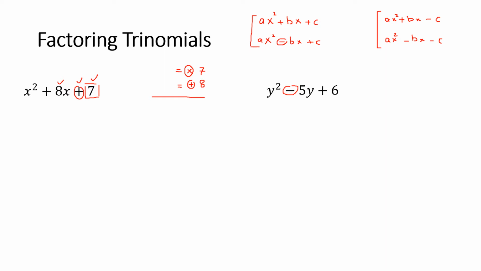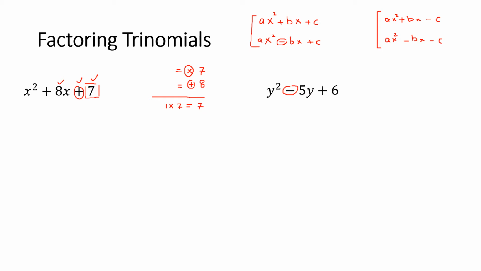So for that we do what? We actually factorize 7. So 1 7s are 7. Okay, there is no more division possible for 7, so we only have these 2 factors.